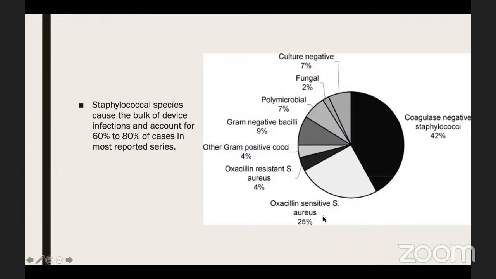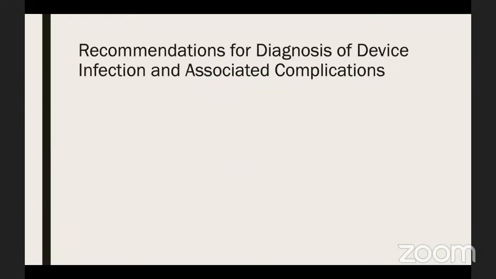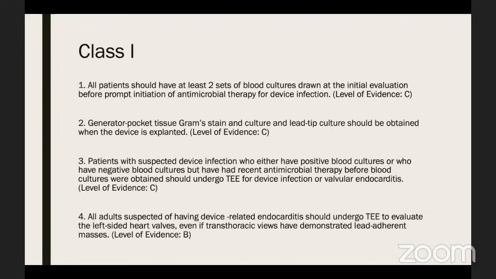Followed by oxacillin-sensitive Staph aureus, then gram-negative bacilli. The recommendations for diagnosis of device infection and associated complications. In class 1, all patients should have at least 2 sets of blood cultures drawn at the initial evaluation before initiation of antimicrobial therapy.